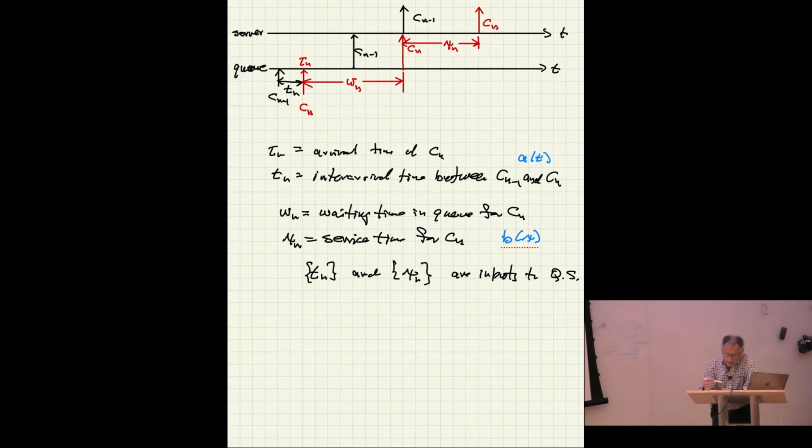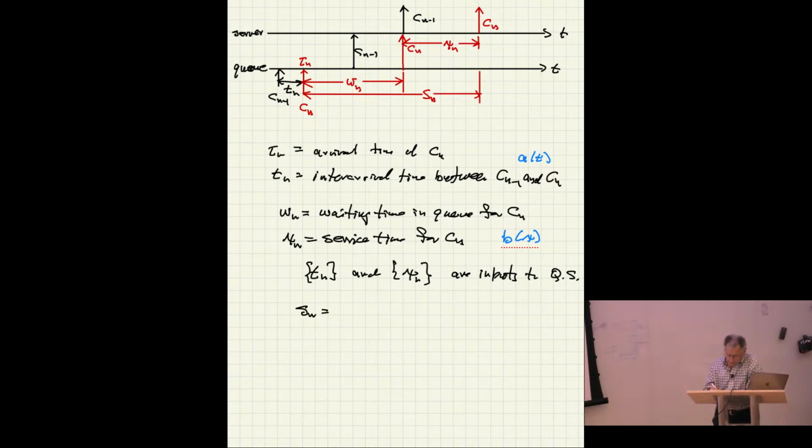Now, there's something else I can identify here, and I'm going to draw it in a red arrow. I can draw the arrow from here to here. What did I just draw? What is this large arrow I just drew? The time in system. I'm going to call that S sub n, and I'll identify it here.